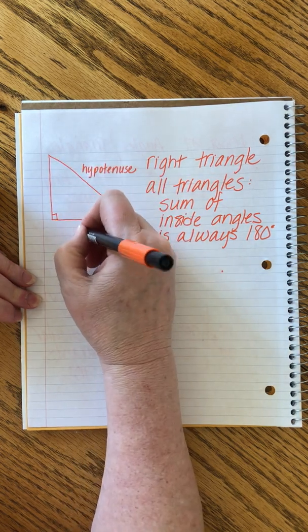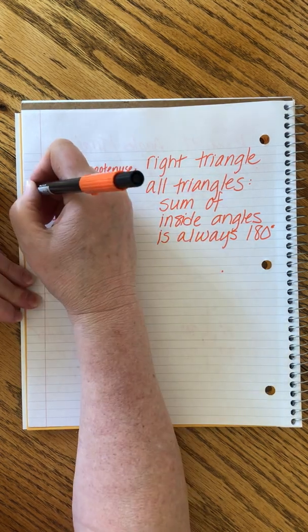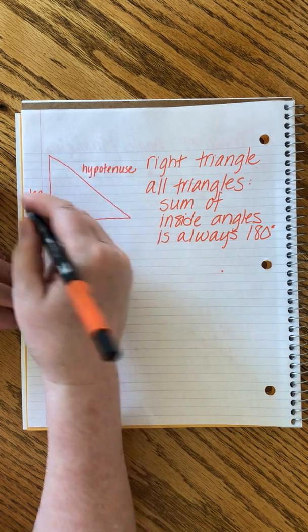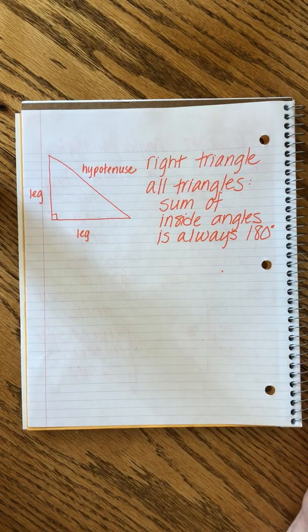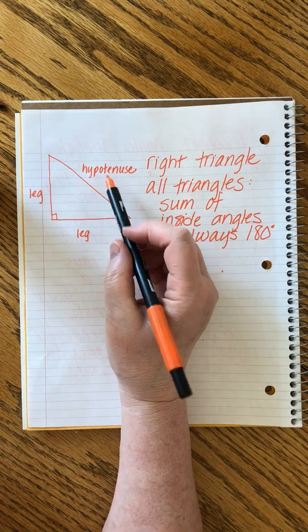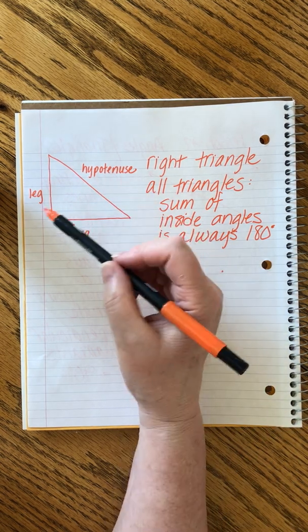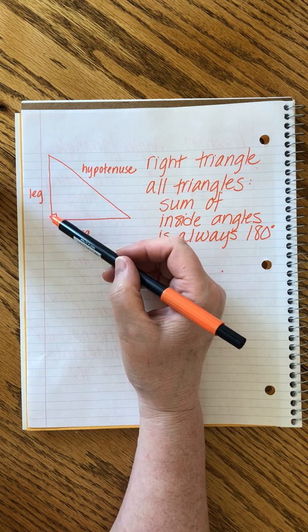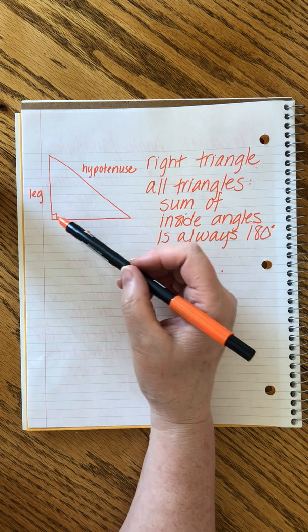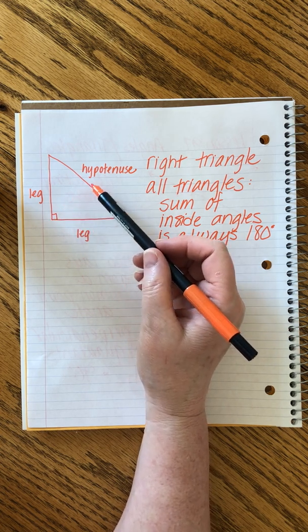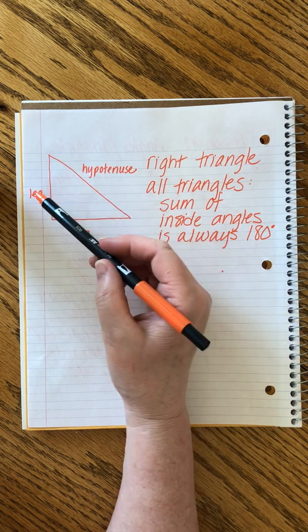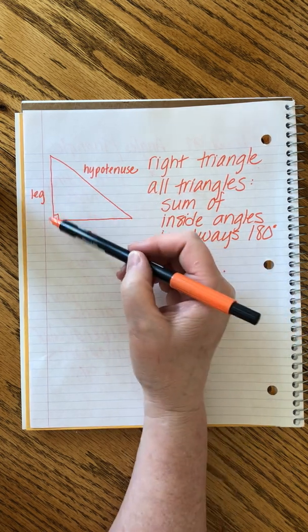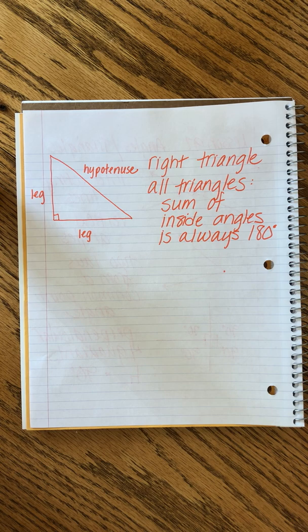These are called the legs. And the two legs are fairly interchangeable in what I'm going to be telling you about. The hypotenuse, it's very important that you know which one that is. Again, look at the right angle symbol and then look across. That's where you'll find the hypotenuse. The legs come out of the right angle.